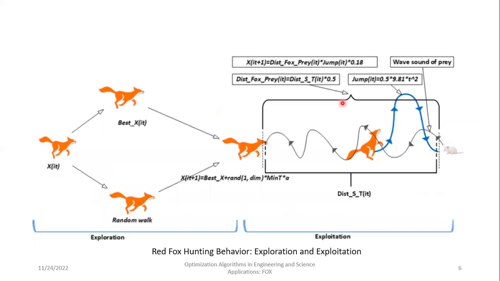This is a basic diagram for exploration and exploitation. Here is exploration and here is exploitation. While hearing the sound, the fox is in exploitation, the local search. And random walk means exploration.